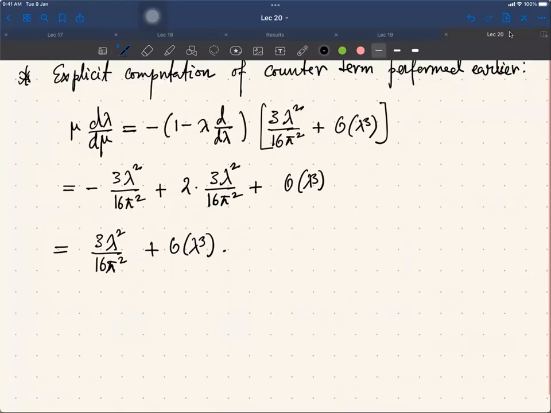So neglecting order lambda cube terms, one finds the differential equation to be d lambda lambda to the minus 2 equal to 3 by 16 pi squared times d mu times mu to the minus 1. Now we just integrate it.